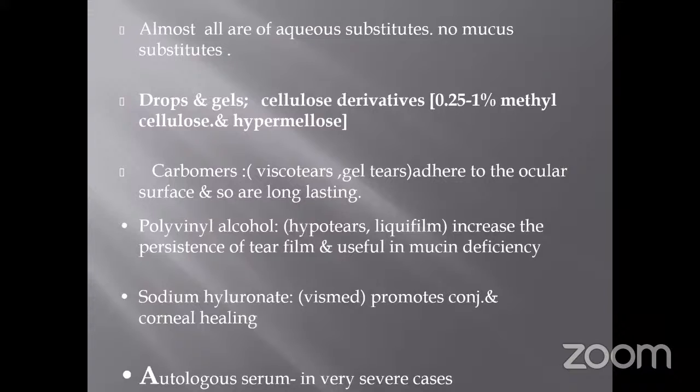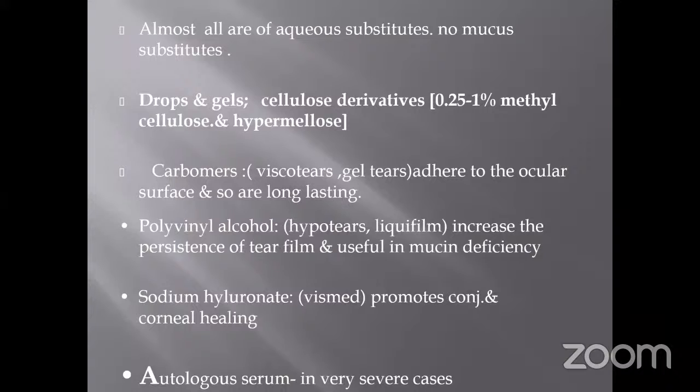Then we have carbomers, polyvinyl alcohol, sodium hyaluronate. Cellulose derivatives are usually prescribed in mild cases. Carbomers adhere to the ocular surface and so they are long lasting. Then carboxymethyl cellulose.